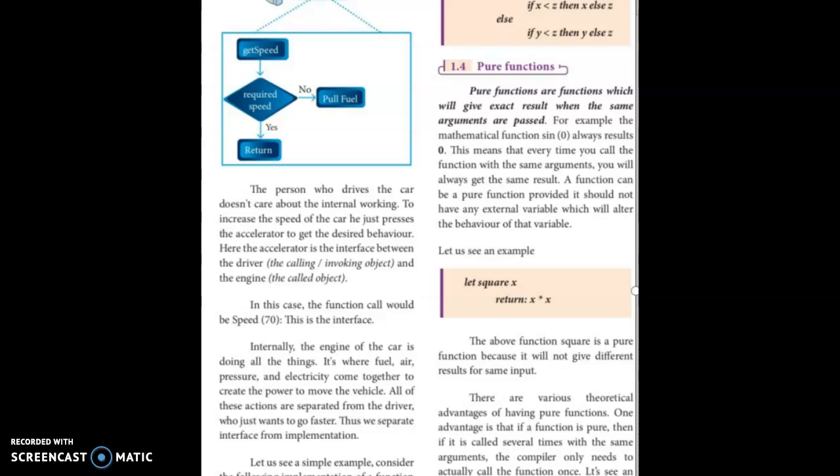Suppose he wants to increase the speed, he just presses the accelerator. The accelerator works on the engine's behavior, whether the speed is based on the correct user need or not. If it requires a speed, it returns the function. Else the remaining process happens and the speed of the car increases.